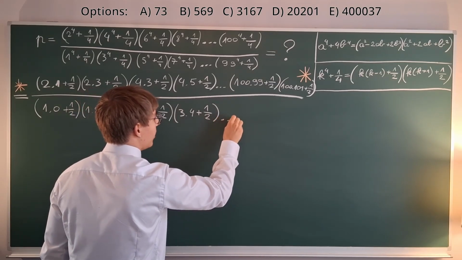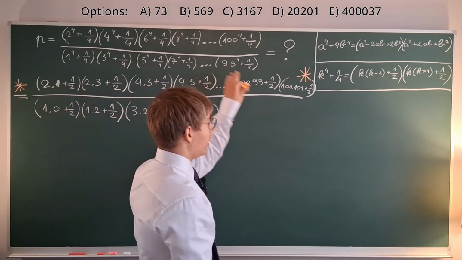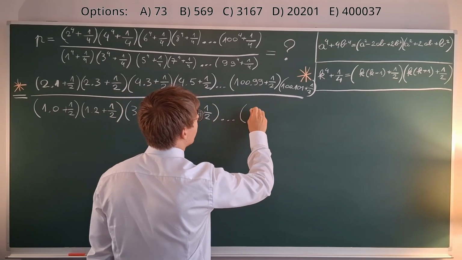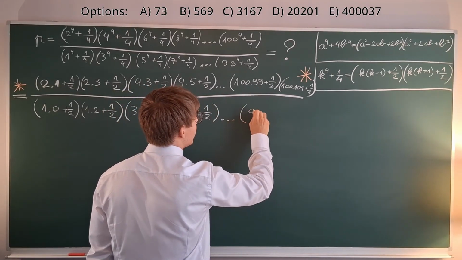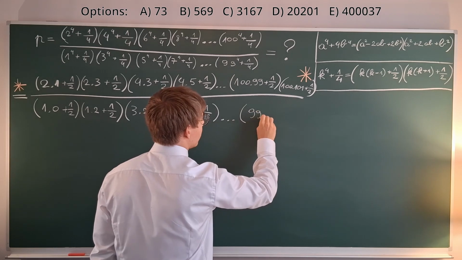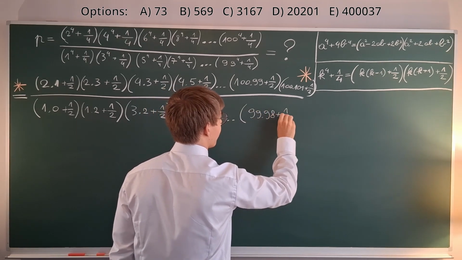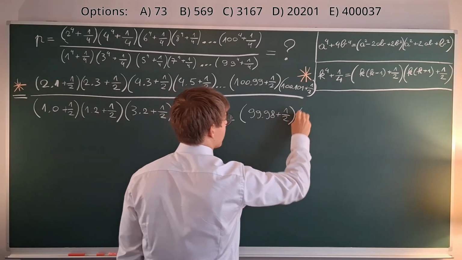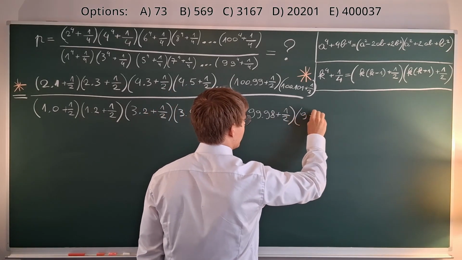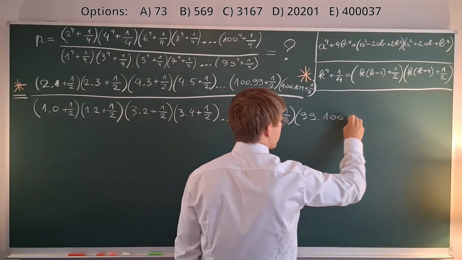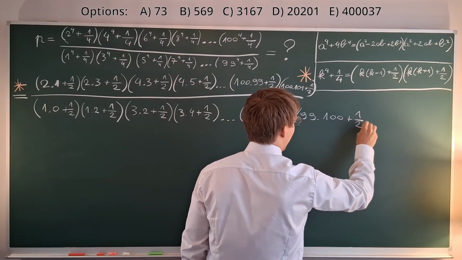And this all the way until we need to plug in 99 for k, and then we get 99 times 98 plus a half times 99 times 100 plus a half.